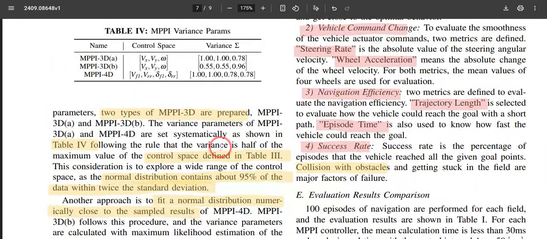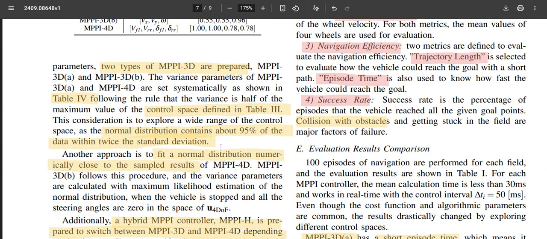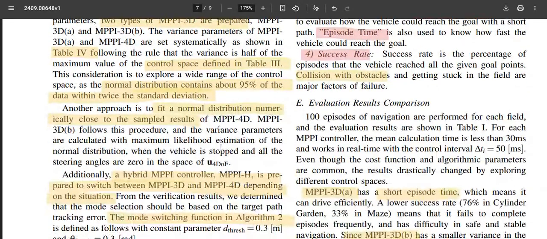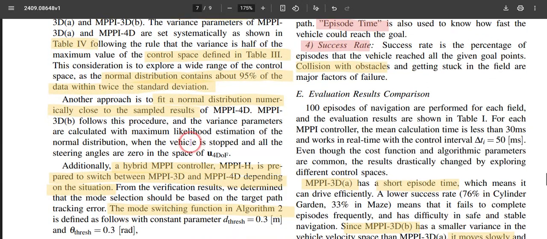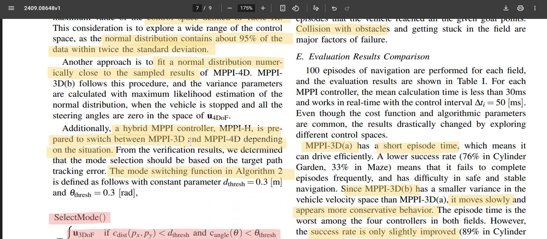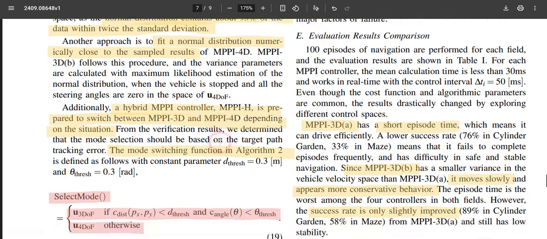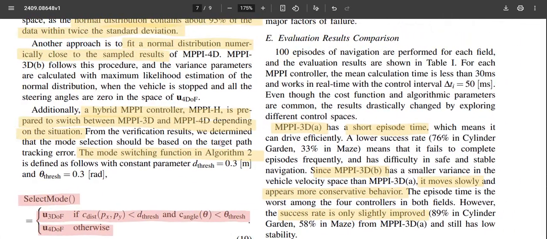And 4D gives a more promising result; although it's slow in time, it is very robust and doesn't have any collisions while reaching the goal. But additionally, we can use the hybrid mode to get efficiency in time as well as safety and stability, switching between the 3D and the 4D, giving promising directions.